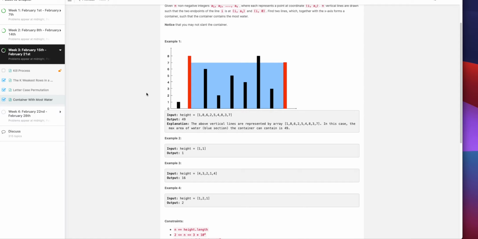Instead of 7 into 7, it will be 6 into 7. It's a math way of solving things, right? I think there should be some math way of doing this. I'm really not sure. How would we do it?